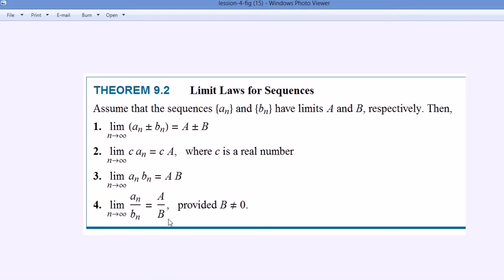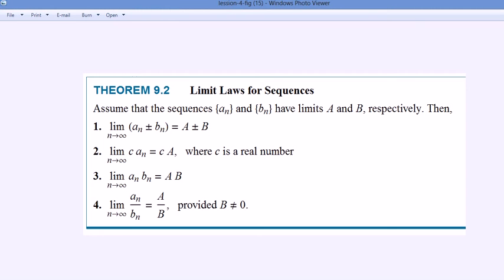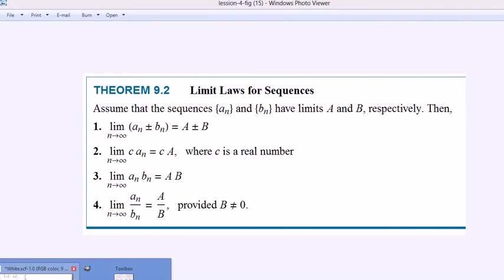What happens if it approaches 0 and A approaches 1? Then it's going to be infinity. Let me write that down in my notation. The numerator approaches 1 and the denominator approaches, let's say, 0, a situation that is excluded in statement 4. So what do you think happens?